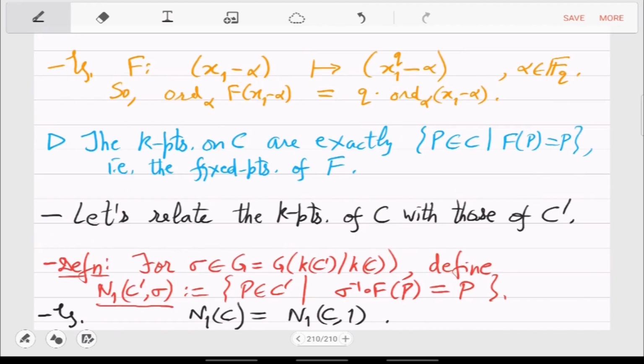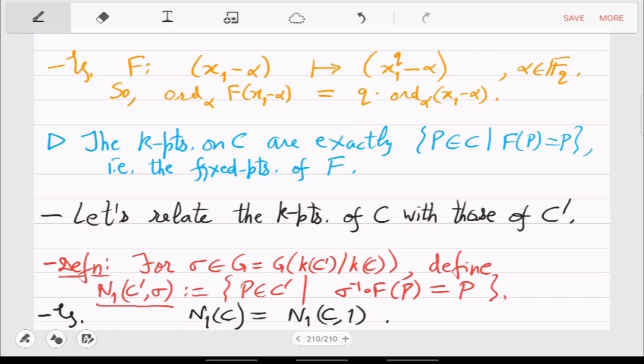And yes, one important thing to remember is that the Frobenius action on the function field is a bit different than what I had defined. It's not f to the q. I have to use variables for this.